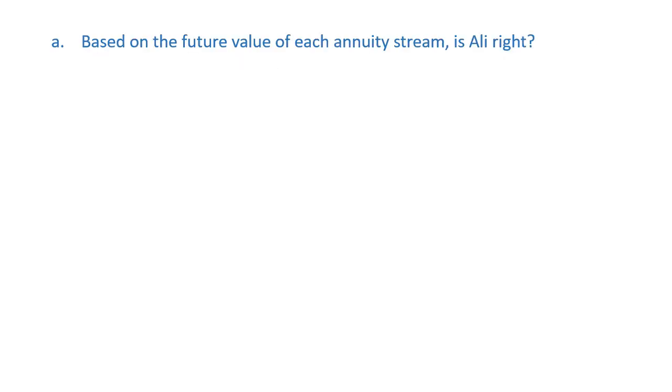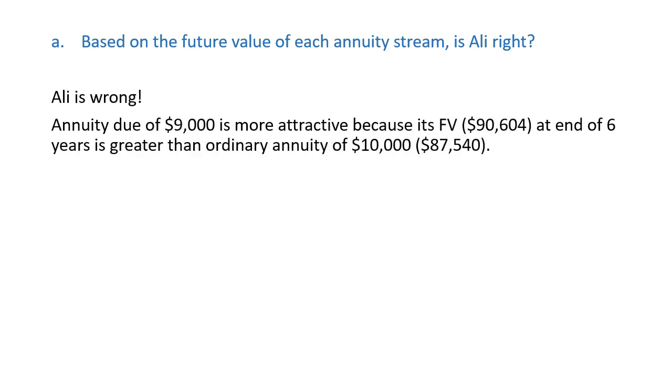Based on the future value of each annuity stream, is Ali right? Ali is wrong. Annuity due of 9,000 is more attractive because its future value at the end of 6 years is greater than the ordinary annuity of 10,000.